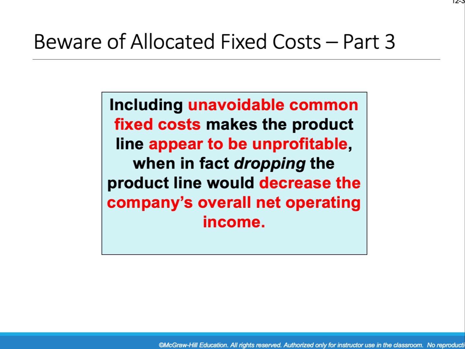However, just like we saw, if we drop that product line, that's actually going to increase our loss, or if we have net income, it's going to decrease our overall net operating income.